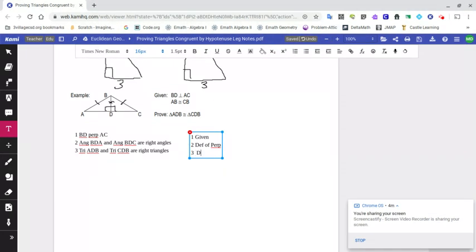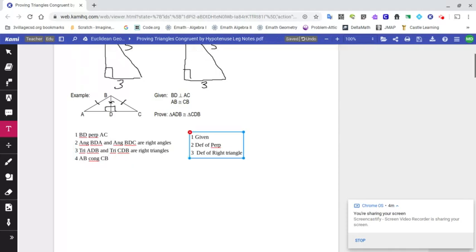This is going to be by definition of right triangle. It's a triangle with a right angle in it, and the step before that, we said they were right angles. So now I can go ahead and do my hypotenuse leg proof. AB is congruent to CB. That was given.